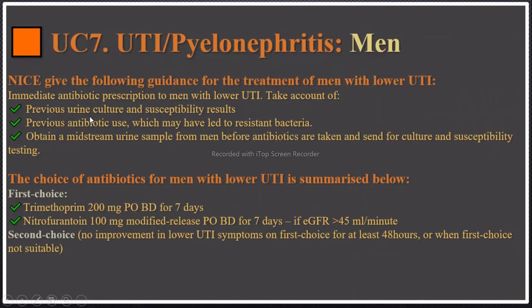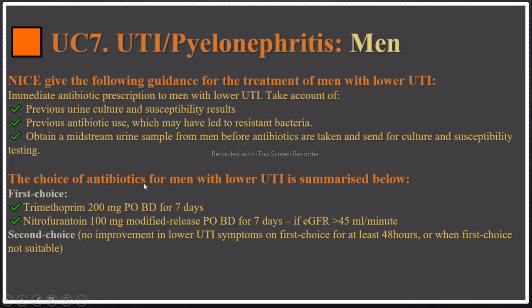So check the patient's record before giving antibiotics, including previous antibiotic use, which may have led to resistant bacteria. Obtain a midstream urine sample from men before antibiotics are taken and send for culture and susceptibility testing.